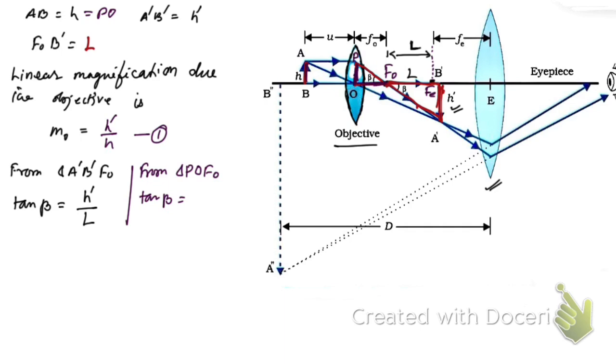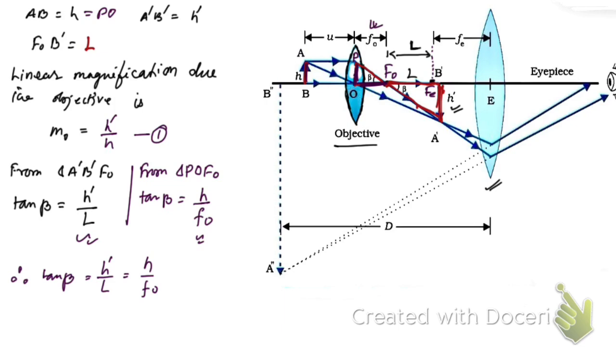And this length is the focal length f0. So here we can write h by f0. Combining these two equations, we can write that tan beta is equal to h' by L, and also h by f0.